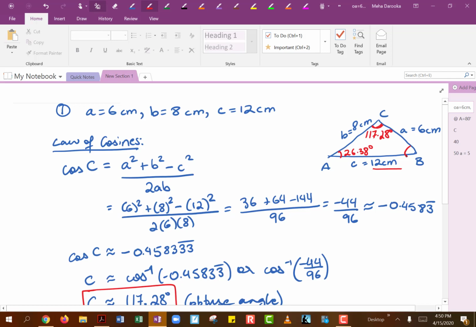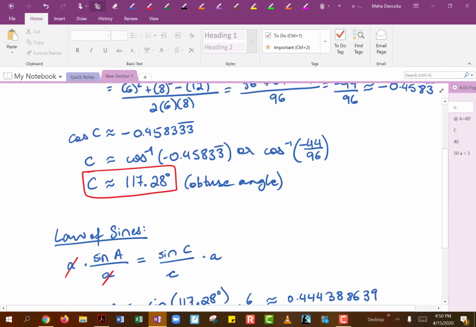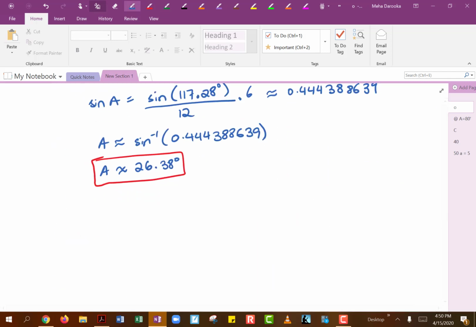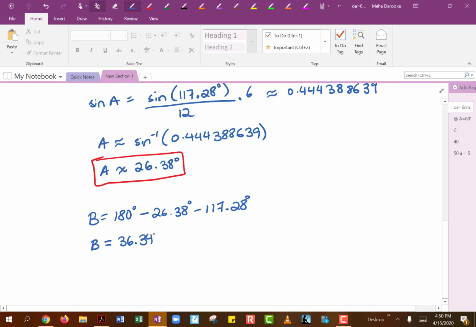And now we just have to find this remaining angle B. So of course that's going to be pretty straightforward since we have both angles A and C. For angle B, you just take your 180 degrees, subtract angle A and angle C from it, and you should come up with B is going to be 36.34 degrees.